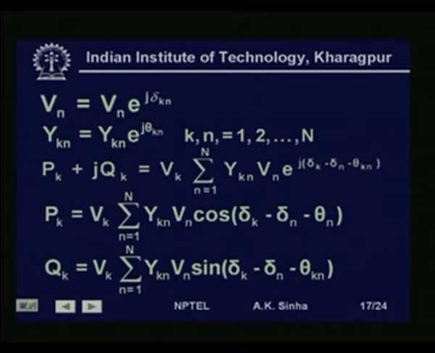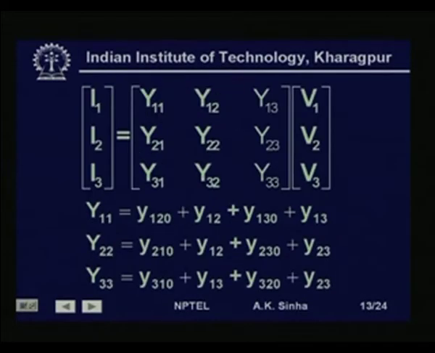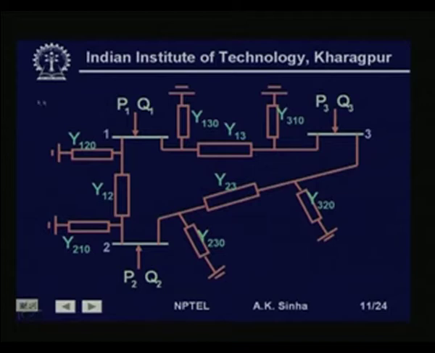So if you see here, Y11 will be equal to y10 plus y12 plus y130 plus y13, all the admittances which are directly connected to this bus bar. This is how we can calculate the diagonal element of the Y bus.